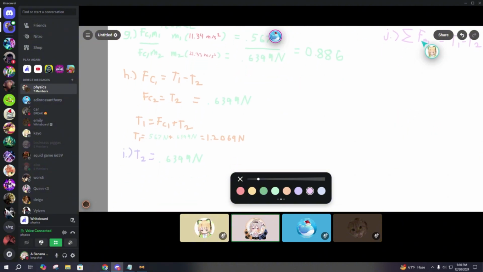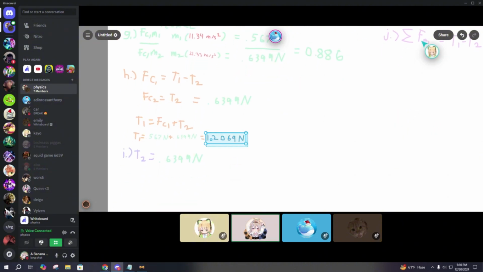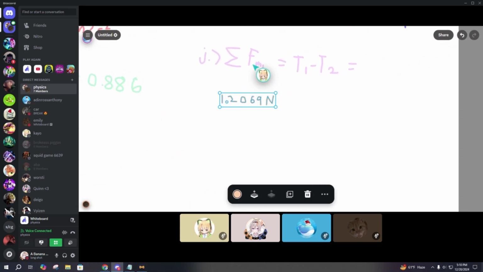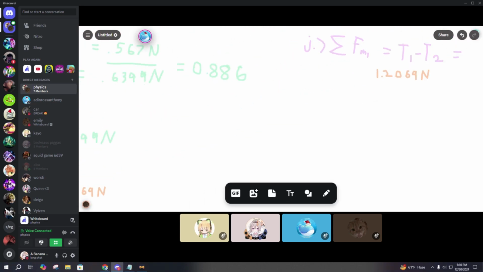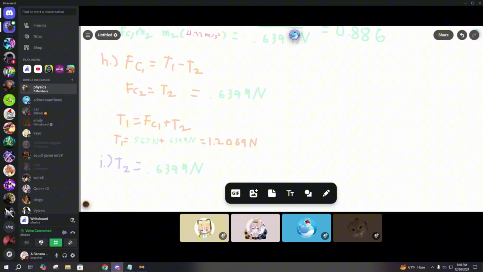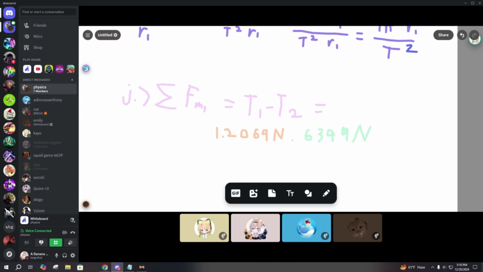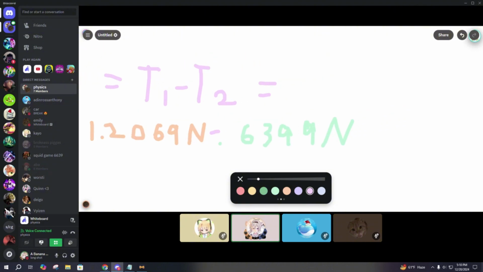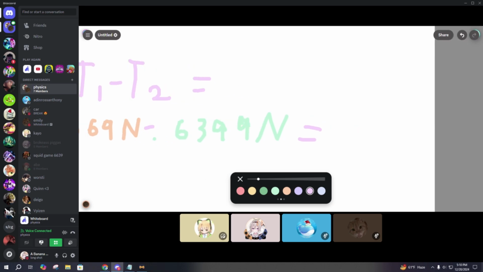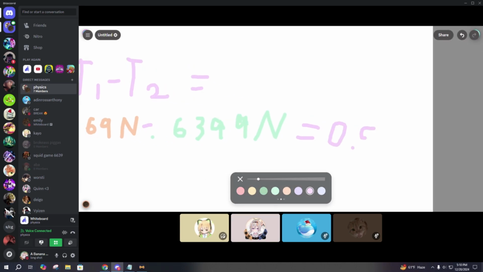So, let's do that. My value of T1 is right here. And then my value of T2 is right here. So, T1 minus T2 is equal to 0.567 units.